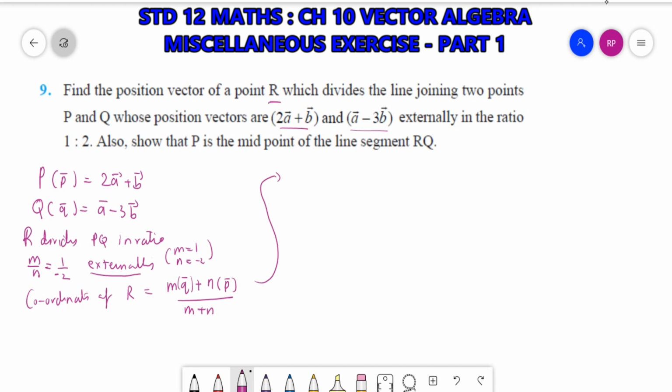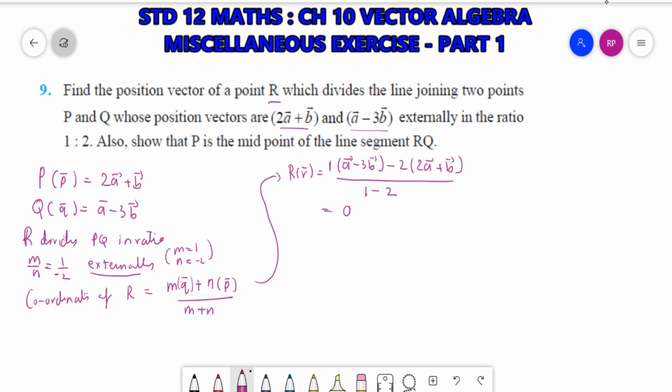So the position vector of R will be equal to m, that is 1, into q, that is a minus 3b, minus 2 into (2a plus b), upon m plus n, that is 1 minus 2.